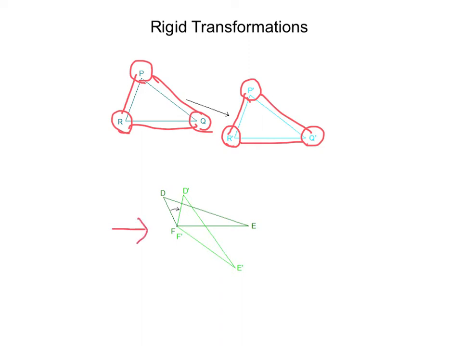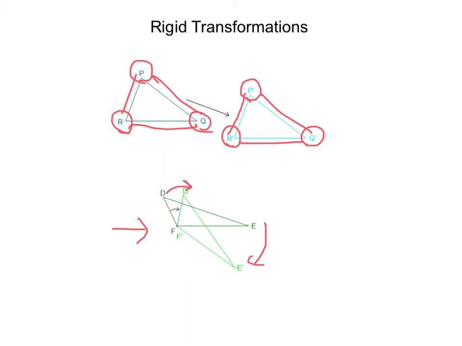And in this example, we have congruent figures, and it's not being translated, but what's happening? It's not being reflected. That's right, it's being rotated. It's being rotated about the point F. See how point F is fixed, but D and E are changing position.